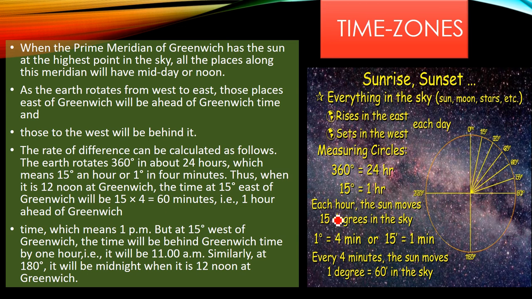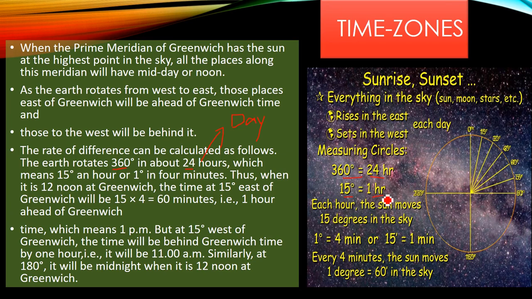Now, in this picture, in the PPT slide, you can see, Earth rotates 360 degrees in 24 hours. That makes a day. Why 360 degrees? Because Earth is a sphere. If it is 360 degrees in 24 hours, that is 15 degrees in 1 hour.